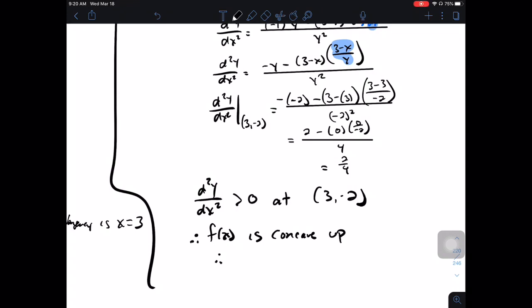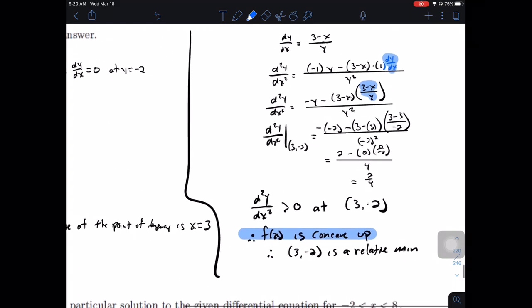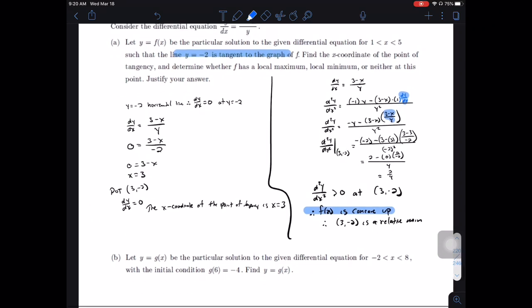Therefore, 3, negative 2 is a relative minimum. For my class's purposes, I like to say that it's concave up. The AP test doesn't care if you say that. They just care if you go from the second derivative as positive to it being a relative minimum.